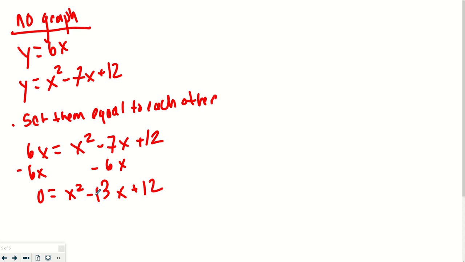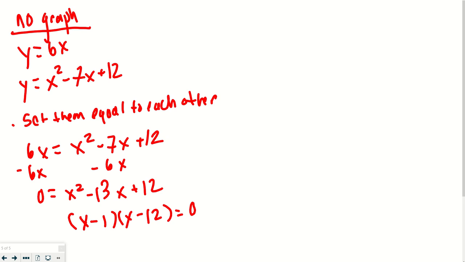Okay, that's positive, but we have a negative middle term. So then the only thing I can think of has to be x minus 1 and x minus 12. These will give me two negatives make a positive, and then the negative 1 plus negative 12 gives me the negative 13, and that's equal to 0.